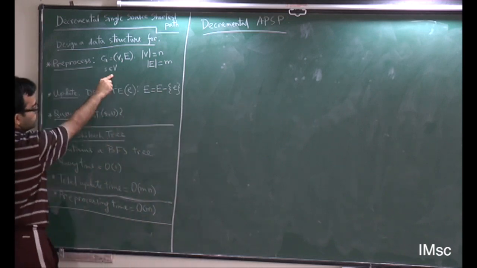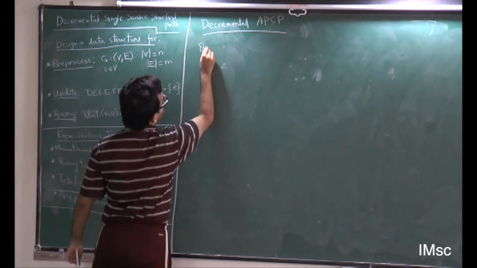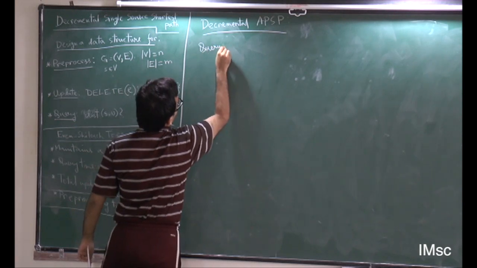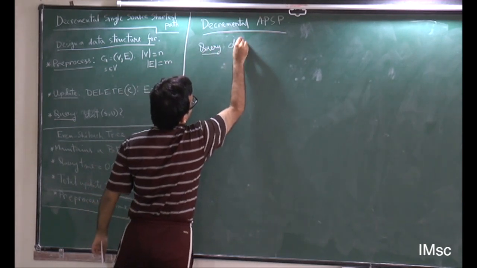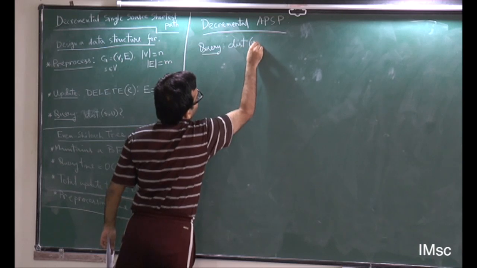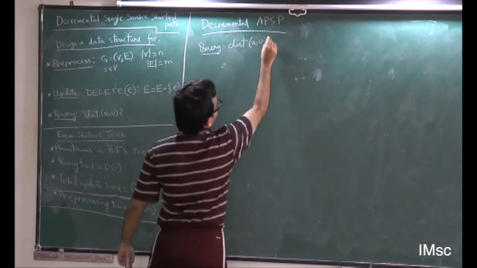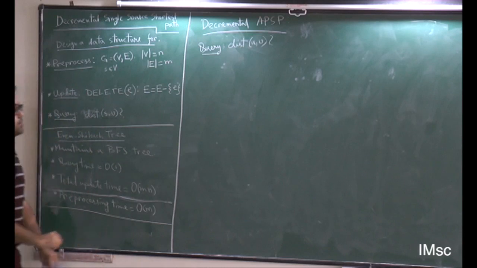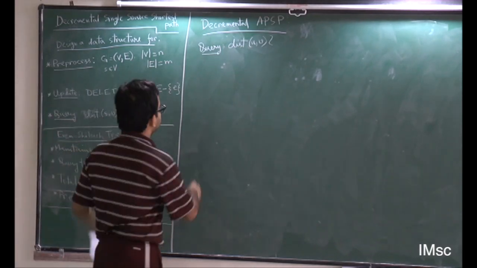Now, there is no source node. So, the query is the distance between u and v in the current graph. Okay.